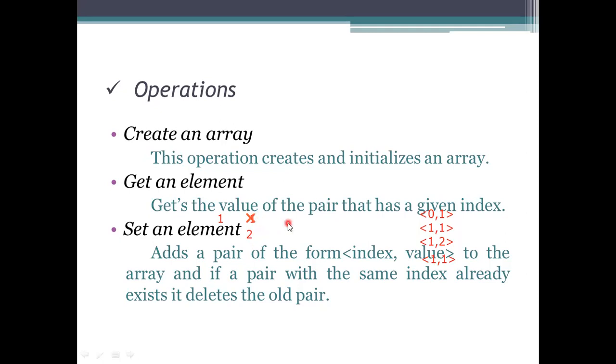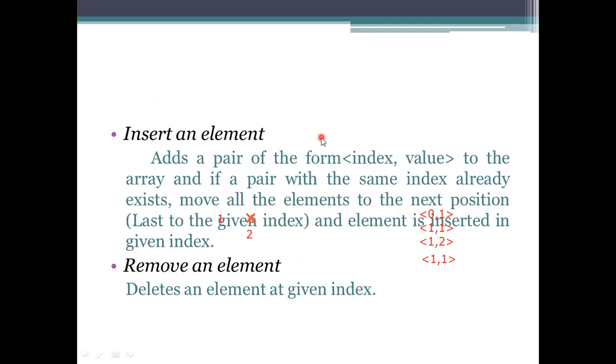That is set an element. And coming to the next one, that is insert an element. When we are taking elements in, if your pair has the same index, meaning you have specified the same index, then it has to move the elements to the next position.